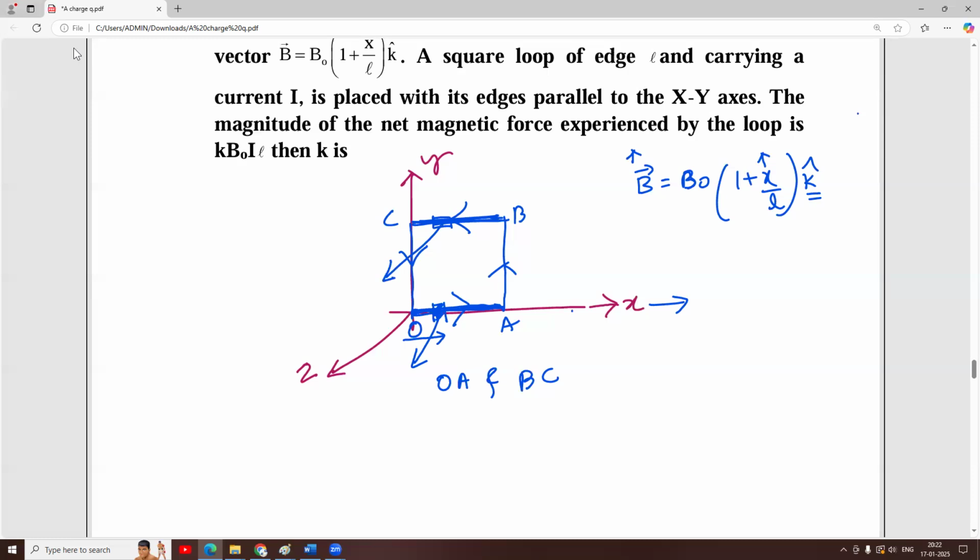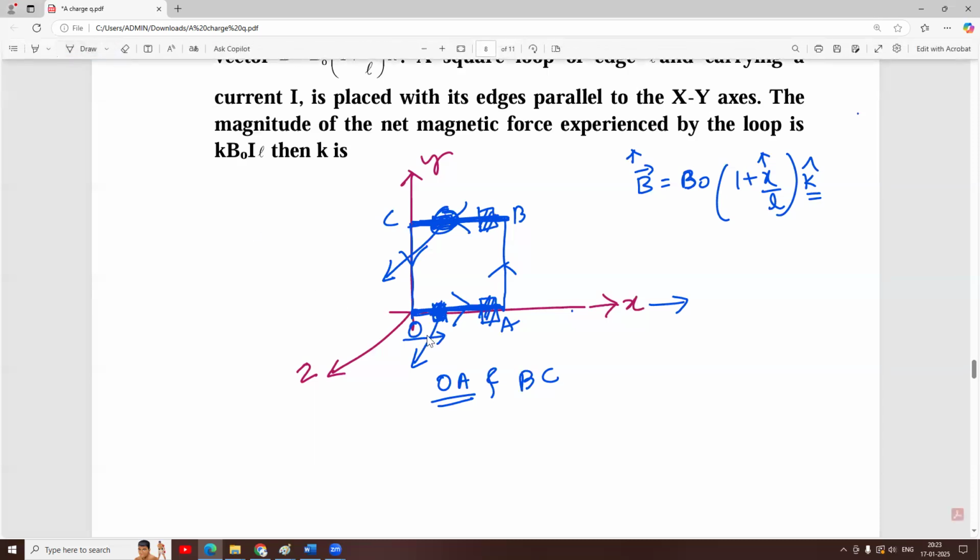What amount of magnetic field is experienced by the side OA, the same amount will be experienced by this part of the wire BC. Even if the magnetic field in the region of BC is different at different points, the same difference can be seen here also, and so OA will experience the same magnetic force.